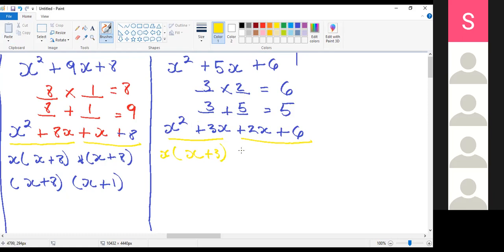Plus 2. Positive 2. And this one is positive x, x plus positive 3. So then we have one for x plus 3 and another for x plus 2.